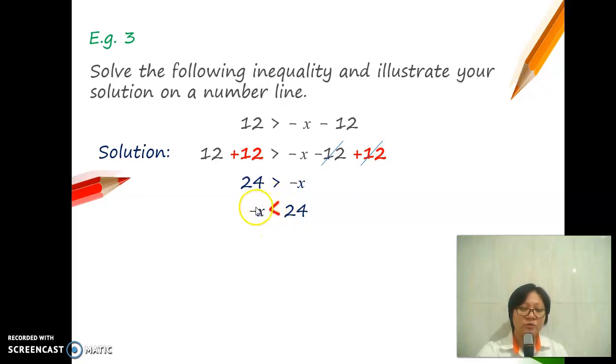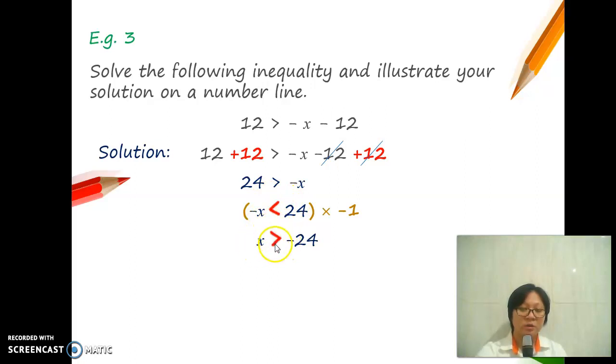And then to remove the negative sign, here I need to multiply each term by -1. So it will be x. Since I multiply by a negative number, I need to change the direction of the inequality symbol.